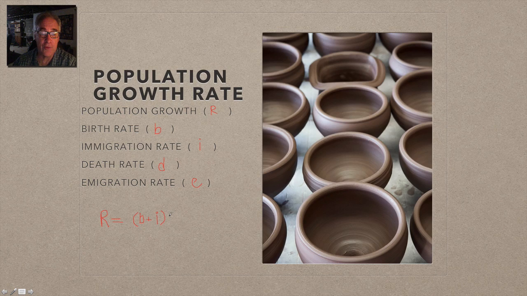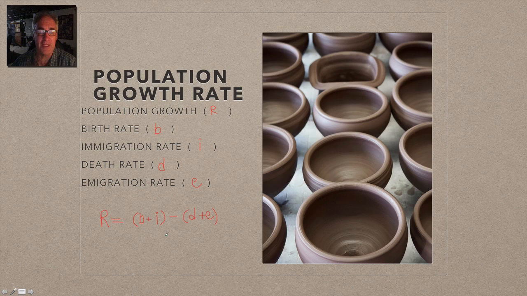Then we take those two numbers, add them together, and subtract from them all of those individuals that will be leaving the population, either by death or by emigration. And we'll add those two things together.